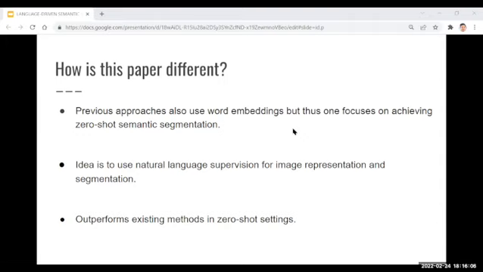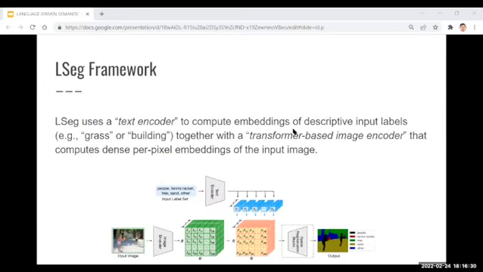And we will see later in the slides that the resulting model has outperformed the existing zero shot settings, and it has also got very competitive scores on few shot benchmarks, but that we will see later.